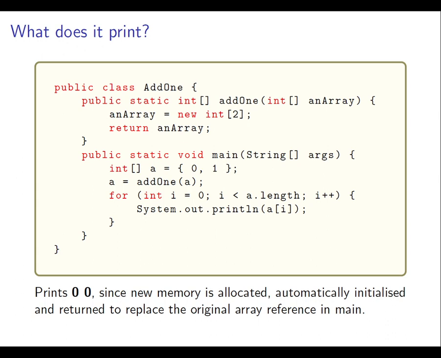And that's the crucial thing here, because what's happening is that in add1, an array which is subsequently returned is a new array automatically initialized with 0 values, and then in main we make that be the array that the array variable A points at, and then that's what we print out.